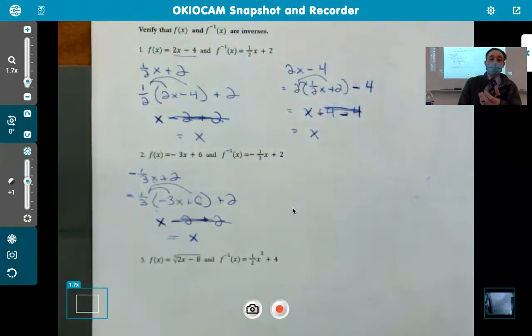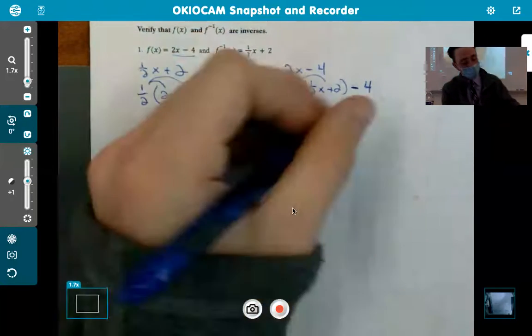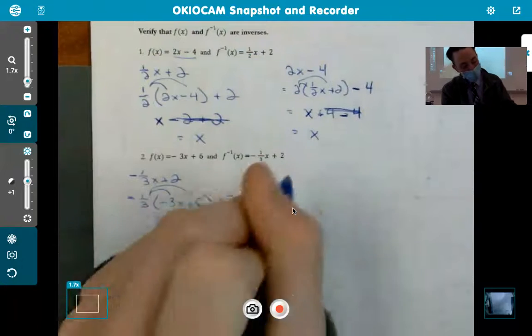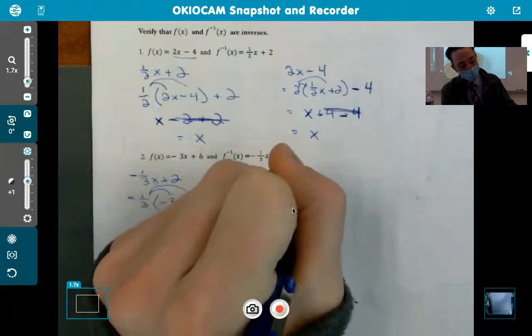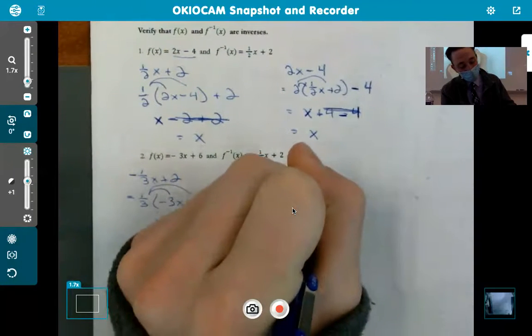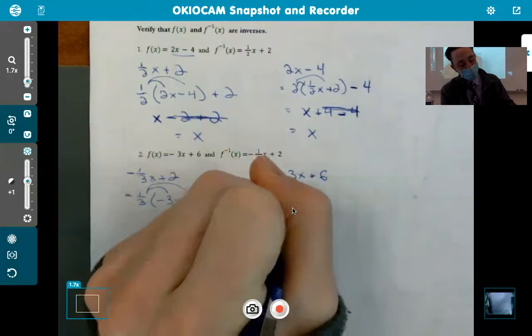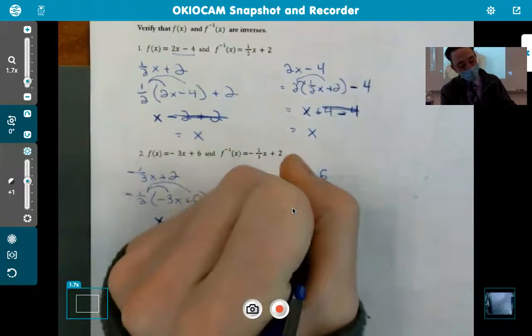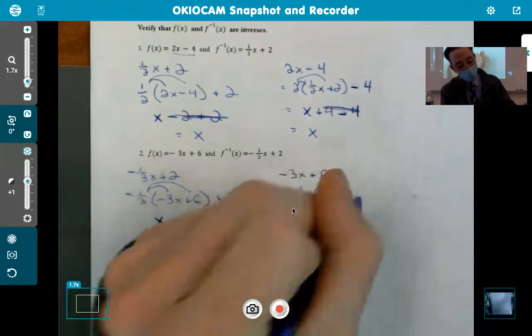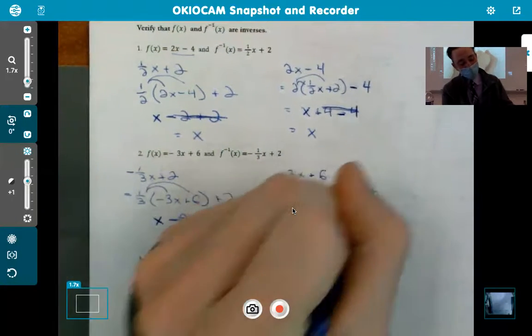All right, somebody different now help me out with the second half. So what do I have to do from here? Jake? So now I have to plug the inverse into the original. So I have -3x plus 6. And I'm going to plug in -1/3 x plus 2 wherever I see an x.